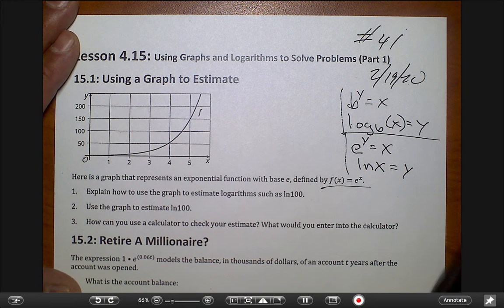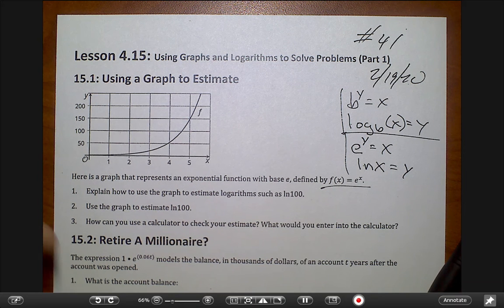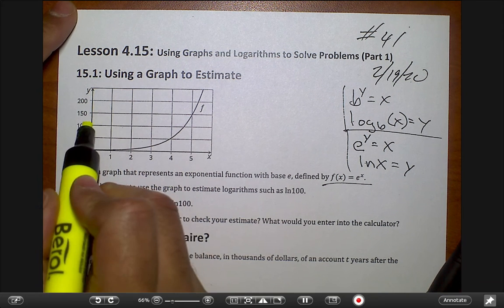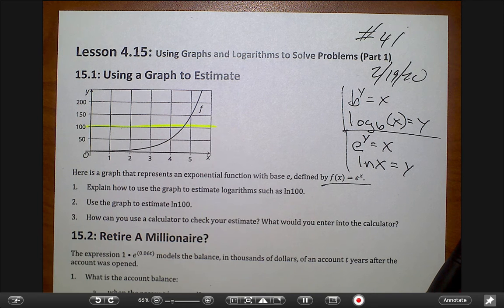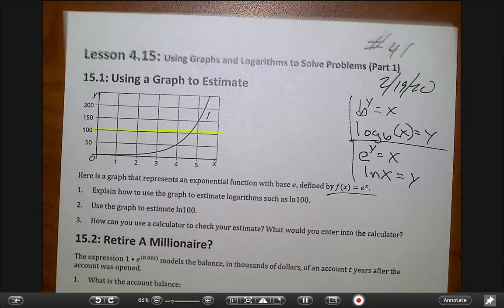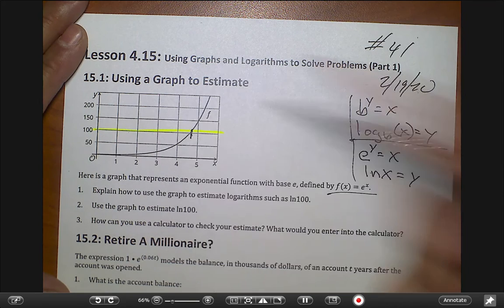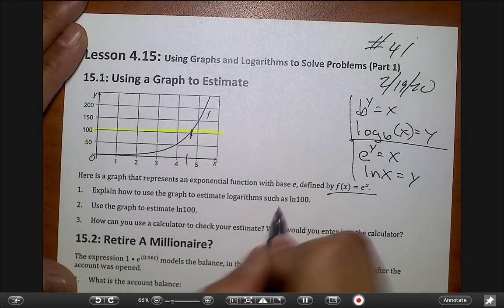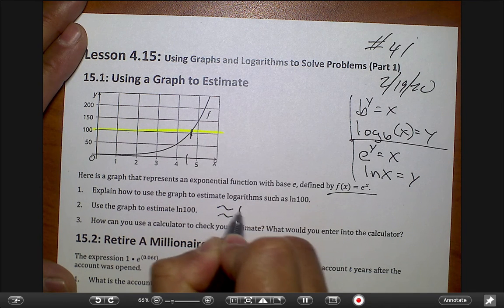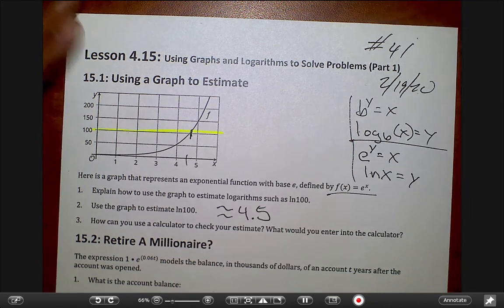All I have to do is go to my graph. Where is it going to be equal to 100? 4.5? There we go. So right about there, we're going to say that it's about 4.5. That's super easy, right?